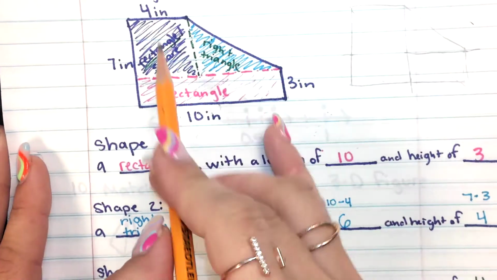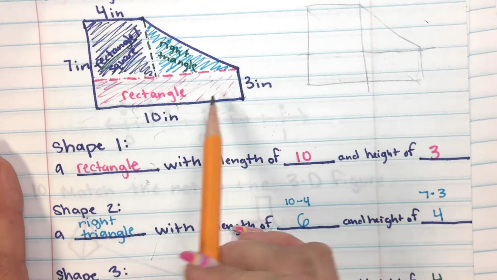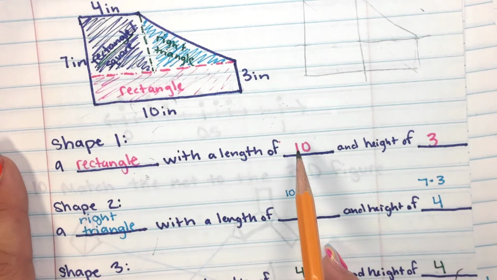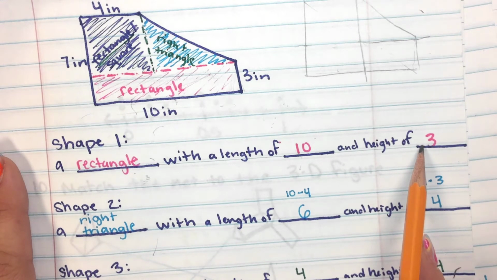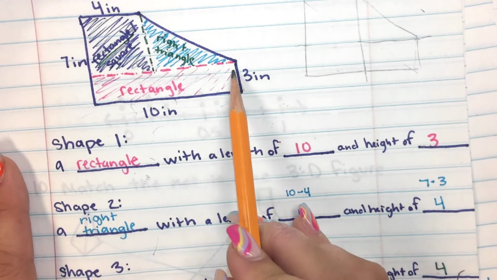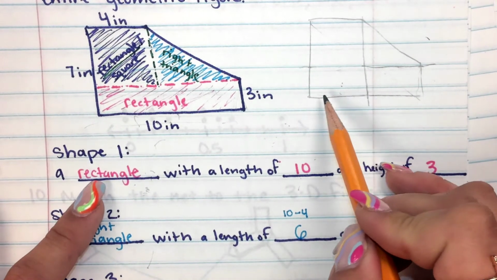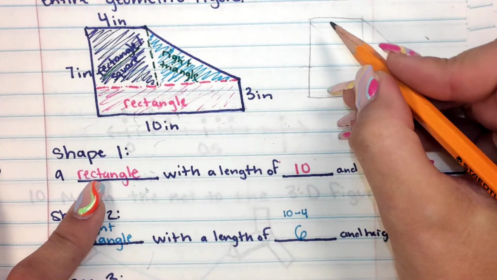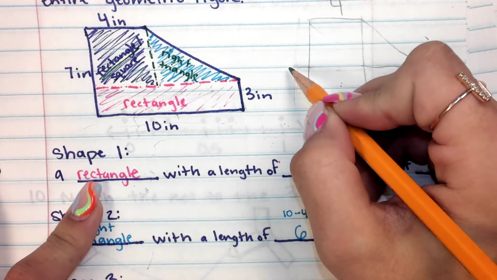So if you drew it like this, one of your rectangles has a length. Length is going this way, height is going up and down. So you have to make sure you put a 10 here, not 3 and 10, but 10 and 3. Okay, so length is 10, height is 3, if you chose that rectangle. Now, if you did this one instead, one of your rectangles, the length right here is 4, and the height is 7.